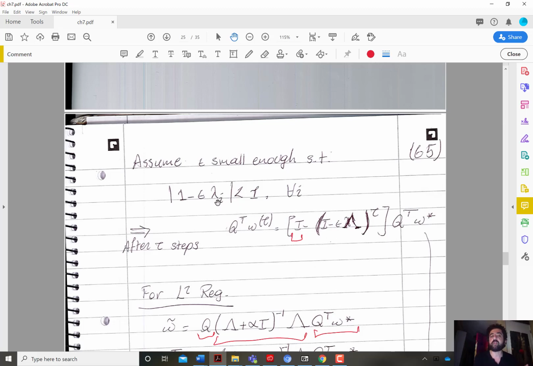So 1 minus epsilon lambda i will be small, right? So I will subtract from the identity matrix a diagonal matrix with very small elements. So the change that will happen to omega star will be very small. So regularization will be much less aggressive. In directions where lambda i is very small, the regularization due to early stopping will be much more aggressive. Okay, thank you.